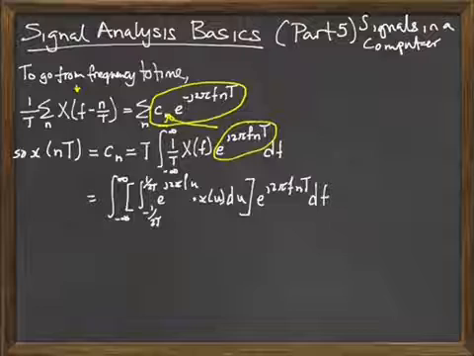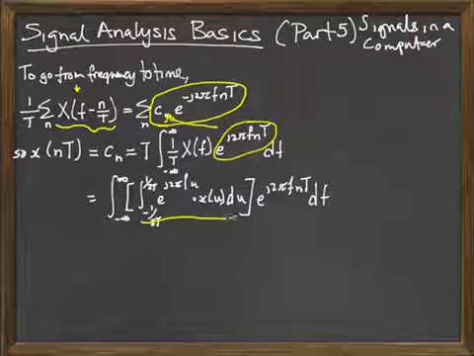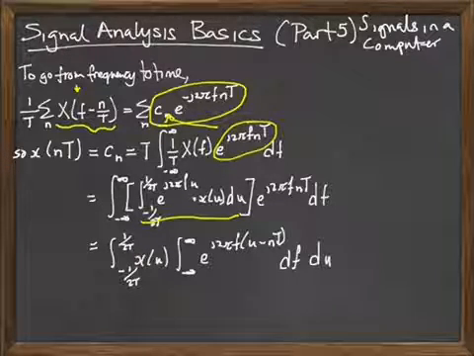Let's take the forward Fourier transform of our impulse. That's this over here, and we can put the e terms together and change the order of integration to do the forward Fourier transform of the inverse to find what it would look like in time.